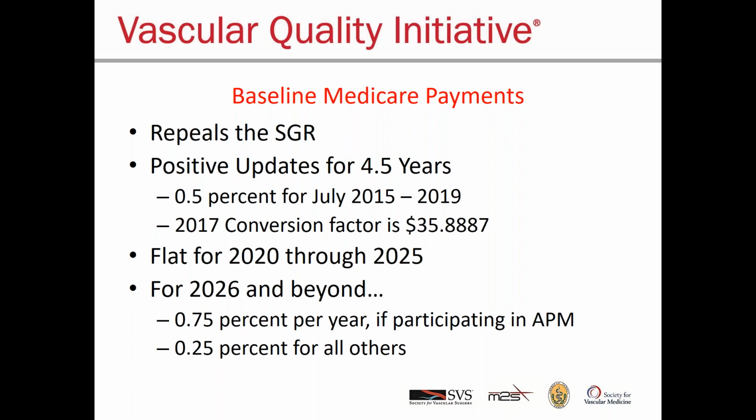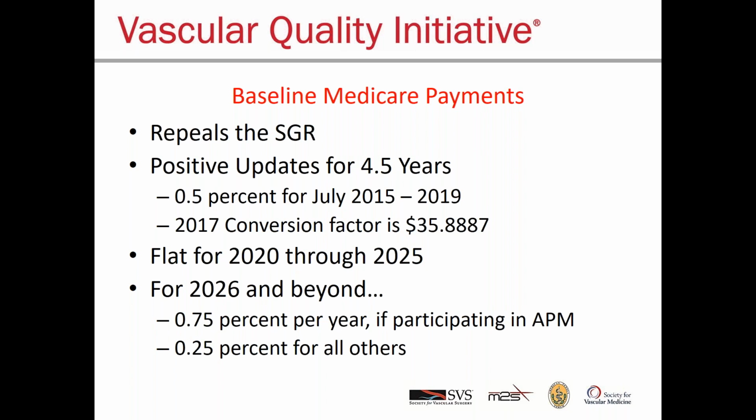And then they said by 2026, they really hope that more physicians would be participating in alternative payment models. That's what APM stands for, and they wanted to incentivize that by giving a better conversion factor to those people. And then for those who don't participate in an APM, they would get a smaller update to their pool for the conversion factor.